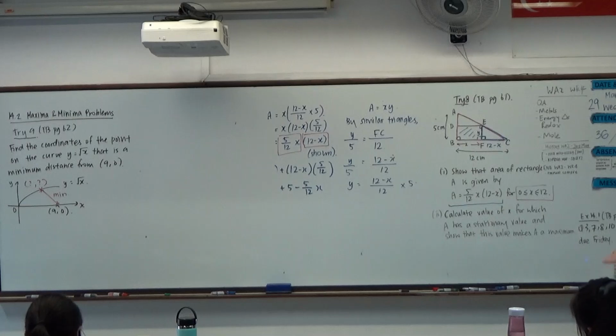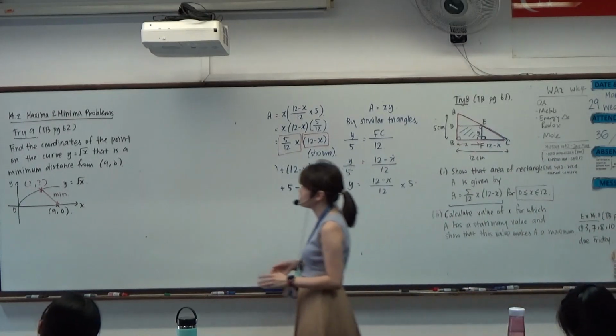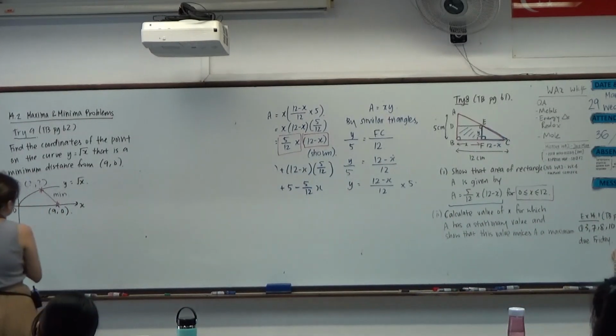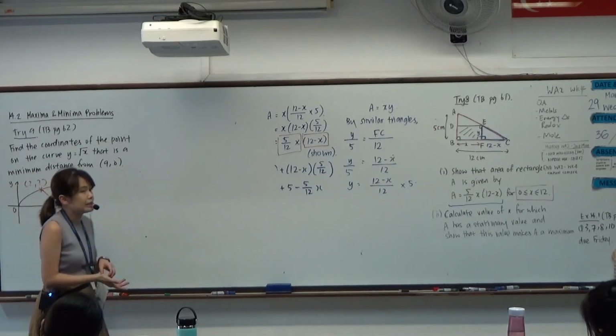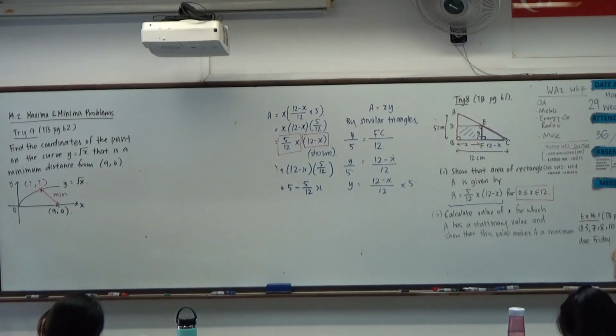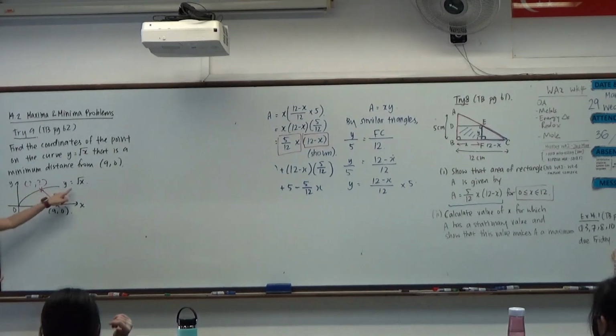In case you're wondering why the curve y equals square root x is of this shape, it is not part of our A-Math syllabus now to be talking about parabolas. In our previous syllabus, we did talk about curves of this shape for square root x.